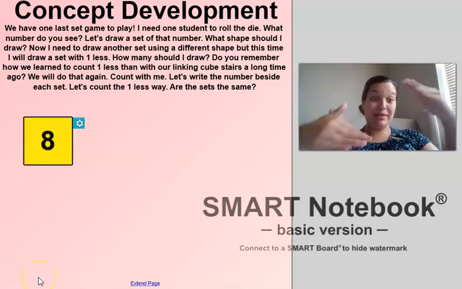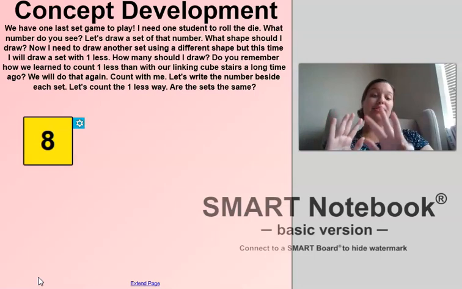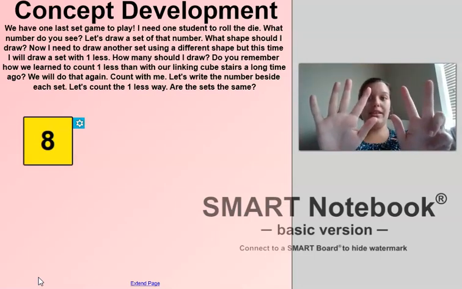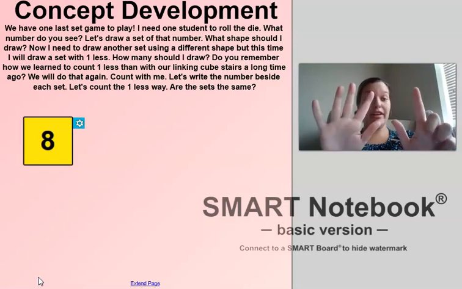I'm sorry, I keep going up and down because I want you to be able to see my drawing, but then you need to see my fingers. So here we go. We have 8. What's 1 less? Show me 1 less on your finger. Good.